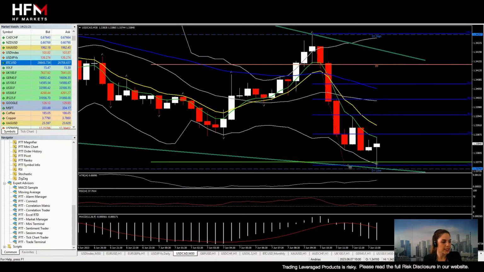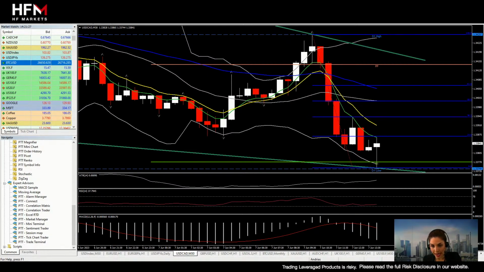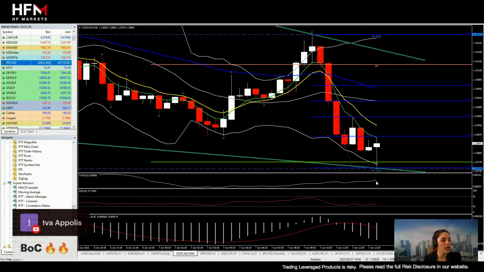Immediate support and resistance levels ahead of or during the Bank of Canada announcement will be 134, the 50% retracement level and a round number.